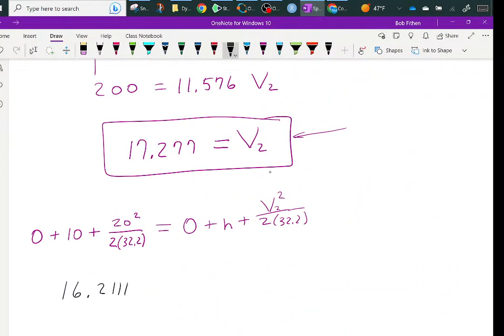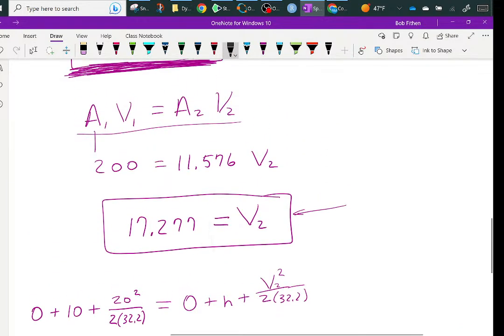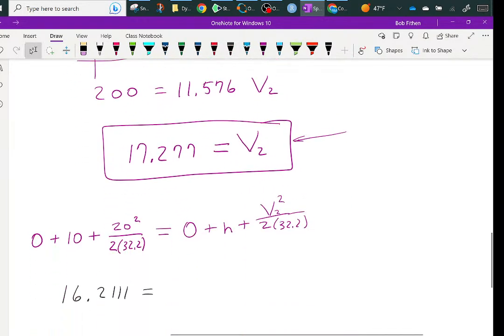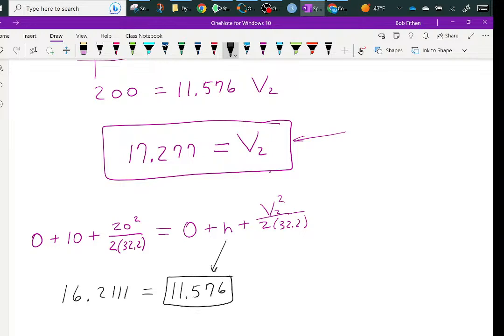Then I'm going to go in and set H equal to 11.576. I'm just filling in and checking this. 17.277 squared over 2 times 32.2.